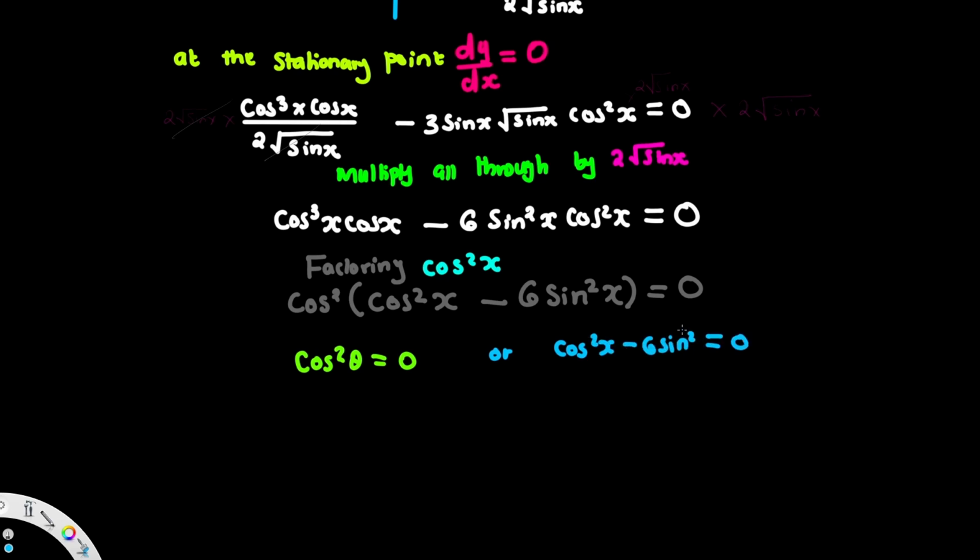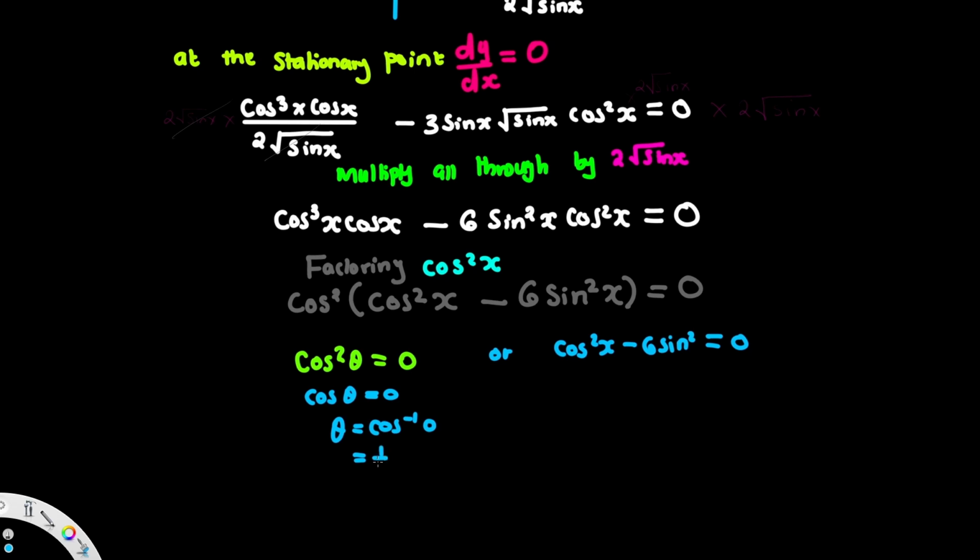From the first part, which is cos squared x, if you find the square root both sides, you are going to remain with cos x equals 0. Actually this should be x, I don't know why I'm writing cos theta.